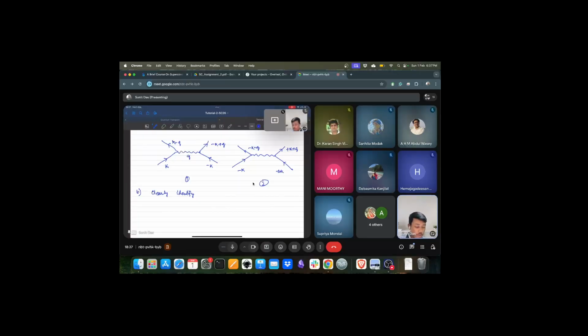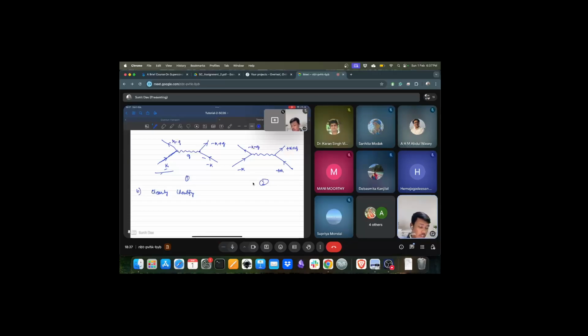So if we try to understand this electron phonon interaction process, you have a plus k electron represented by a straight line, and then there is a phonon present. All the different kinds of particles are represented by different notation. Here all electrons are represented by straight lines, and the phonons by curly lines.